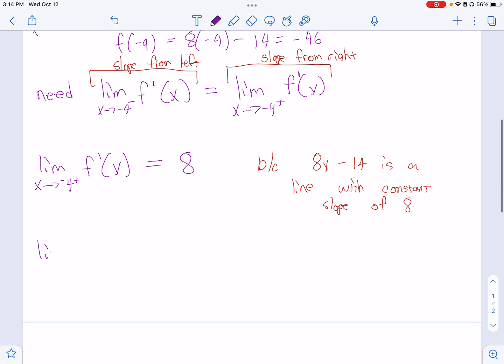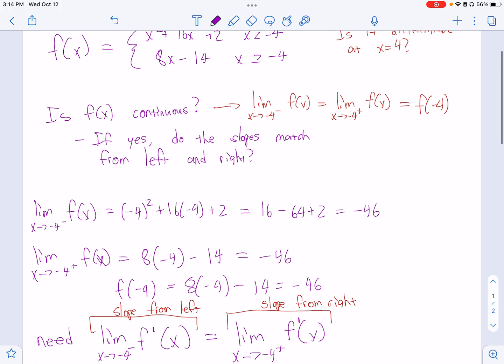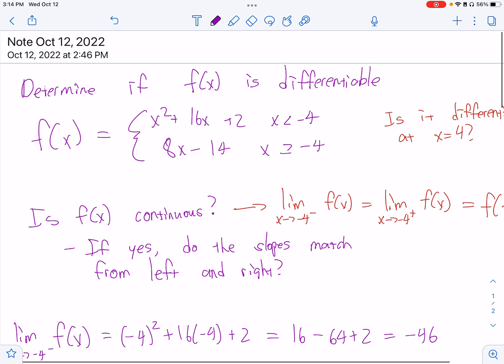So the limit as x goes to -4 from the left of f prime of x. That is going to be approaching whatever this derivative is at x equals -4.